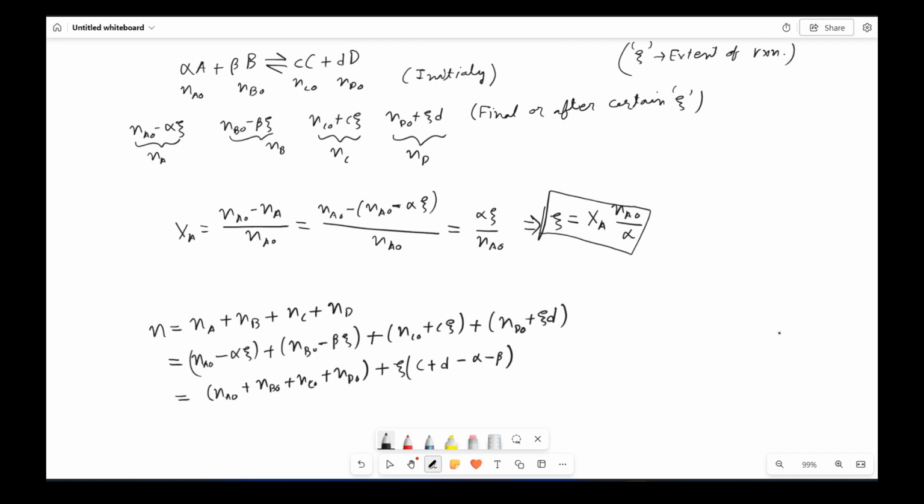We will write it as N naught, which is the total initial moles, plus epsilon times (c plus d minus alpha minus beta), which is the difference in the total stoichiometric coefficients of products and reactants. We will write this difference in stoichiometric coefficients as delta. Delta equals c plus d minus alpha minus beta.